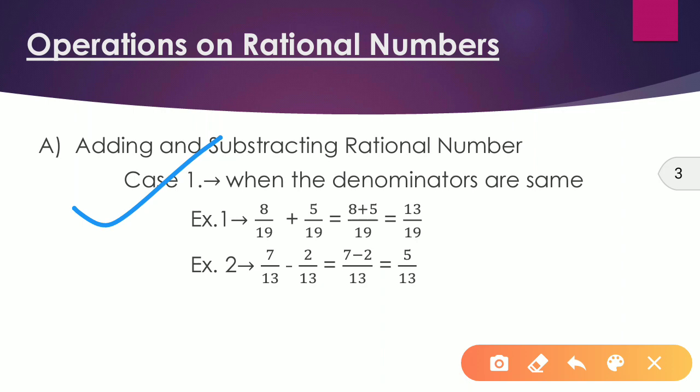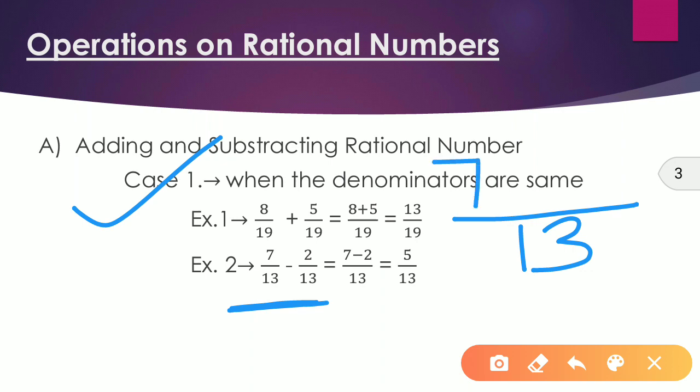In our second example, 7 by 13 minus 12 by 13. Here also the denominators are same. So first you write the denominator and after that simplify the numerator. What is the numerator? Numerator is 7. After that, what is the sign? The sign is negative, so you write here minus.